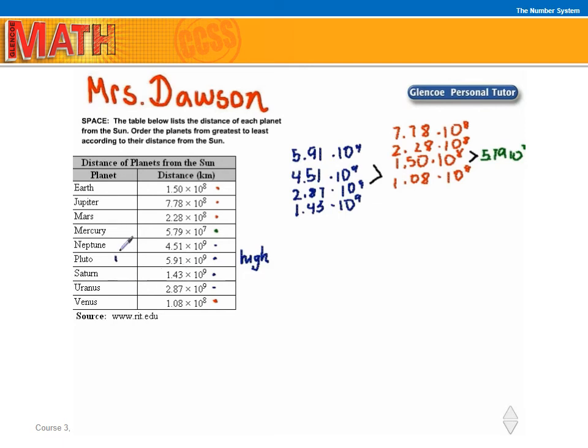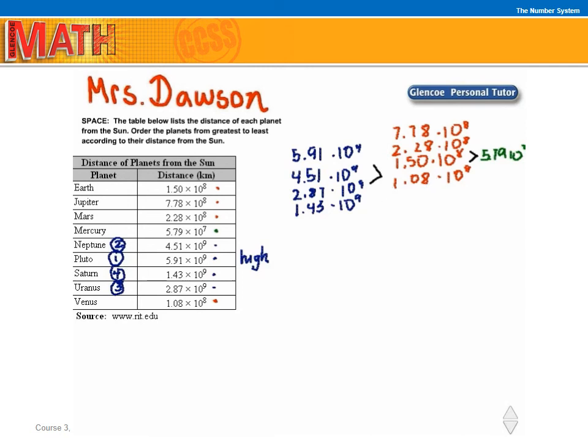Pluto, number 1, Neptune, number 2, Uranus, number 3, Saturn, number 4.